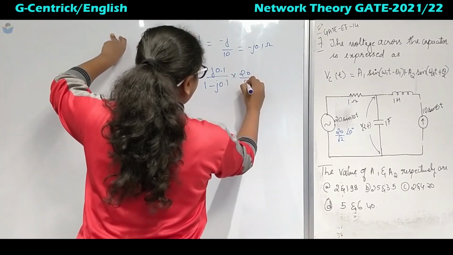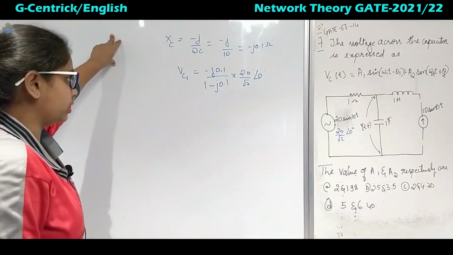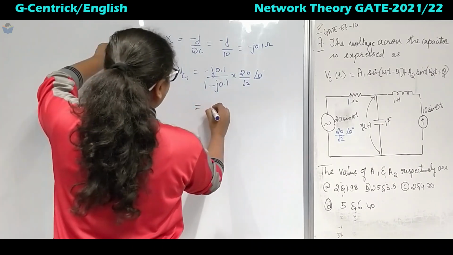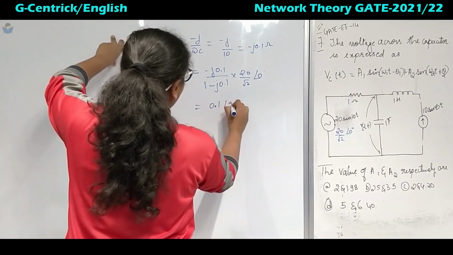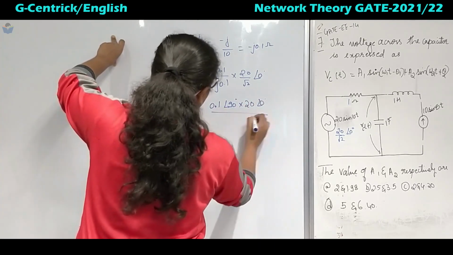We have to take the phasor value, at 0 degrees. This becomes 0.1 at angle 90 degrees, and this is 20 at angle 0 degrees.